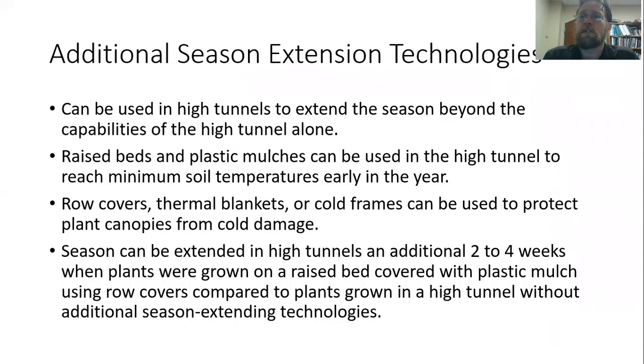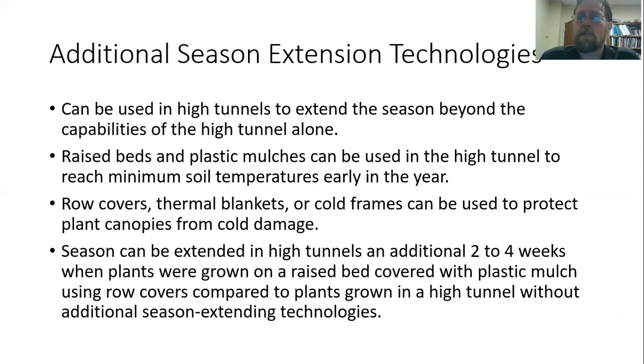In addition to the use of high tunnels, there are some additional season extension technologies that can be used in concert with the high tunnel. And that can allow us to extend the season even beyond the capabilities of the high tunnel itself. In particular, raised beds and plastic mulches can be used to increase minimum soil temperatures to get to that level earlier in the year so we can plant earlier.